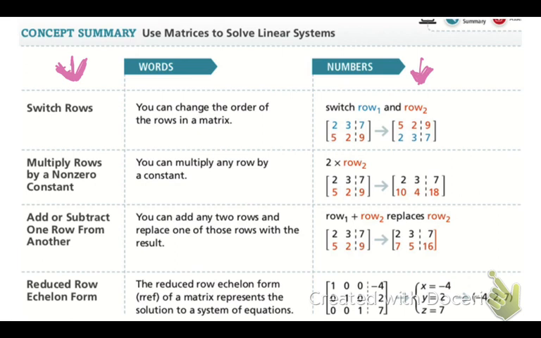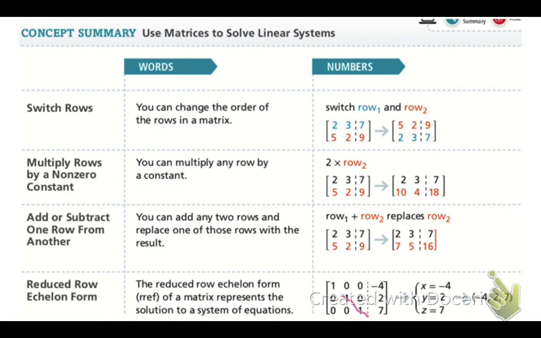Okay, and the last thing is we are going to have this in reduced row echelon form. So it's RREF, reduced row echelon form. What do you notice about it? There's ones on the diagonal. Okay.